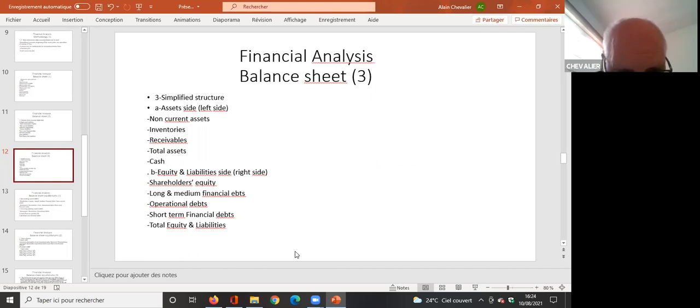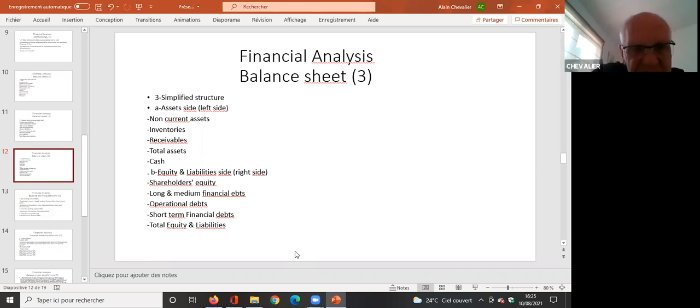And you have a line also for short-term financial debt, nearly at the end here, which are also debts to the banks and to the market for less than 1 year maturity. And you have operational debts, including debts to accounts payable to the providers, debts to the staff, and debts to the tax administration.